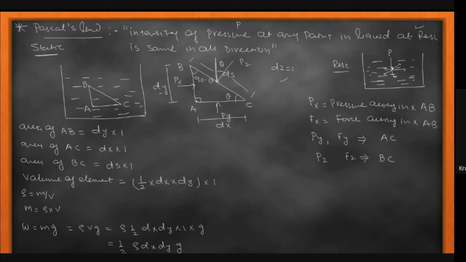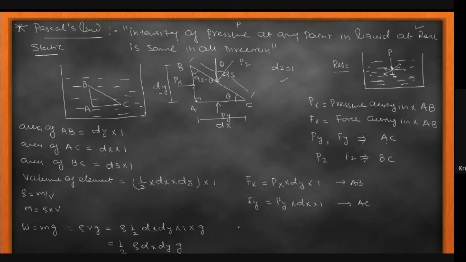We go for the balance conditions. Before going to balance conditions, I just want to write the expression of Fx, that is the force acting. Force equals pressure into the area. So pressure is px, and the area of the AB surface is dy into 1. So I have px into dy into 1. That is the force acting on the AB surface. Then Fy means py into the area of the AC surface, and the AC surface has area dx into 1. So we get py into dx into 1, that is acting on the AC surface.